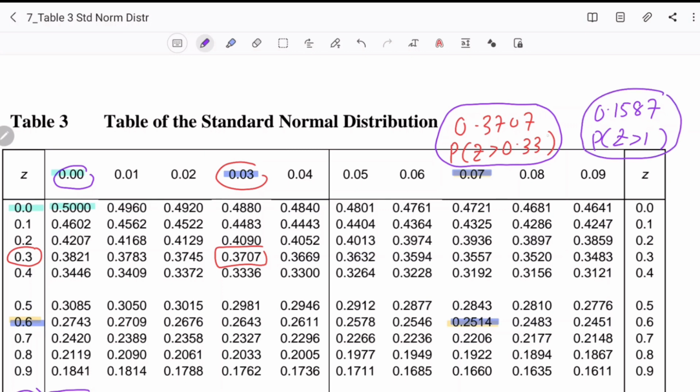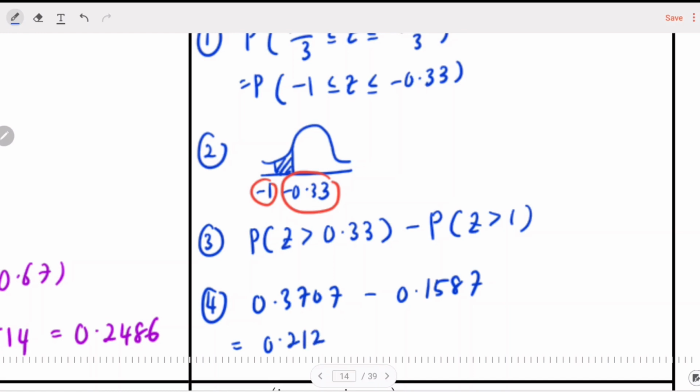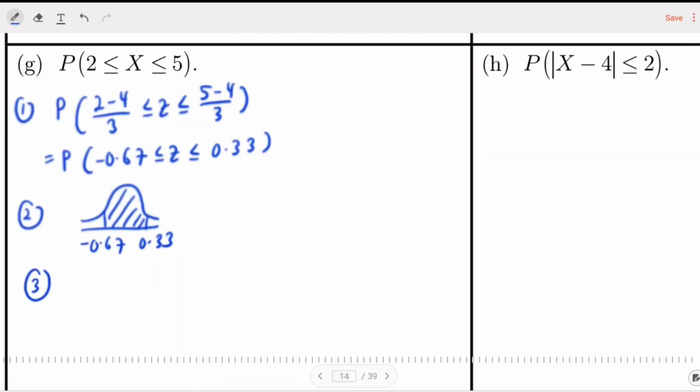That's why we take z greater than 0.33 minus z greater than 1, so that our probability wouldn't be negative. So the last step, bigger one minus the smaller one. Calculate to get the answer.